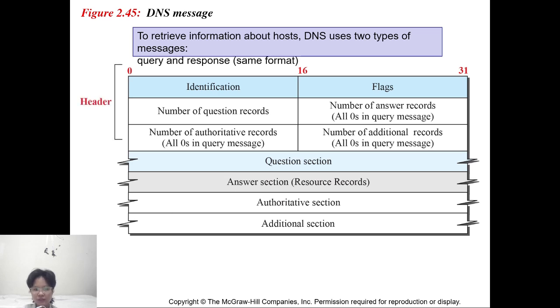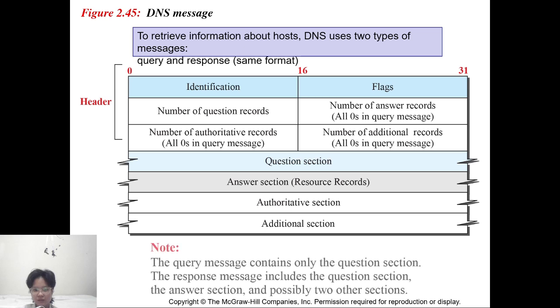The above is a header, identification, flag, question section. Note: the query message contains only the question section. The response message includes the question section, the answer section, and possibly the authority section.